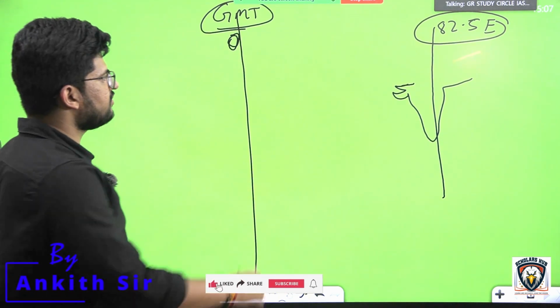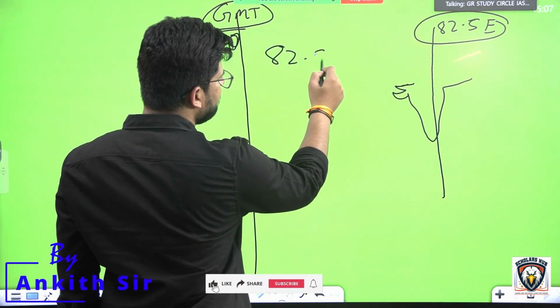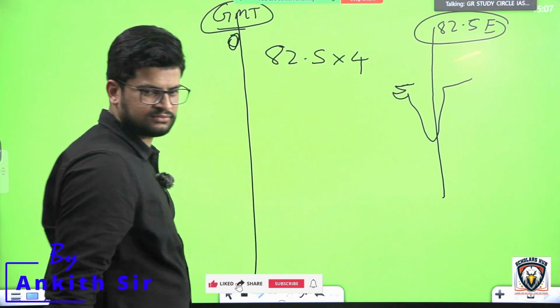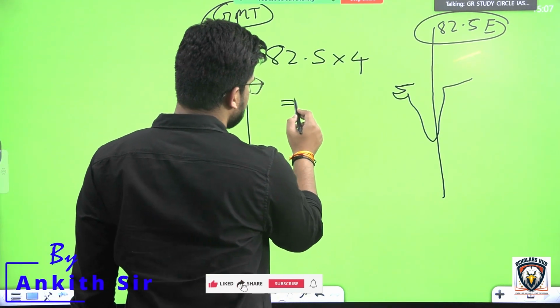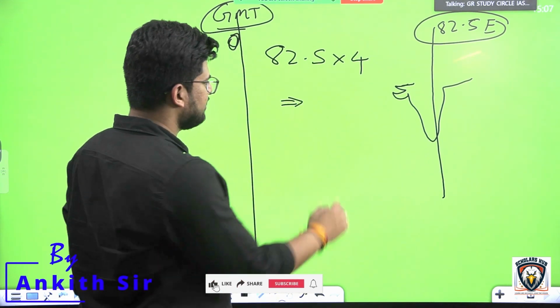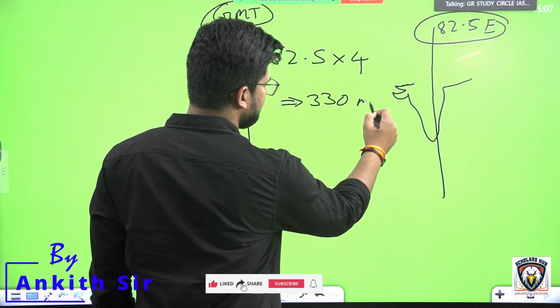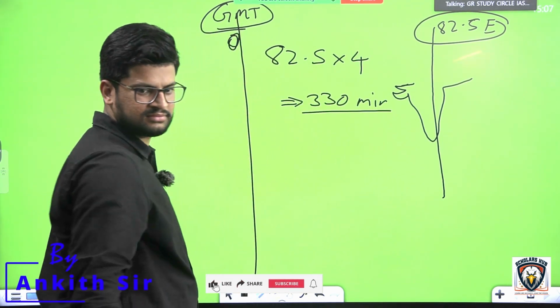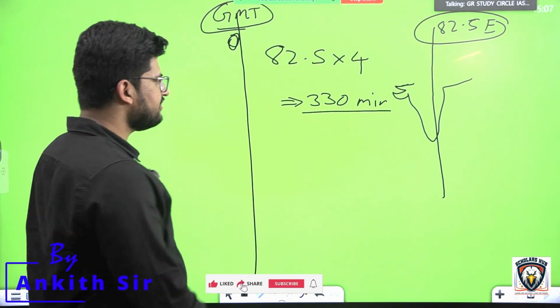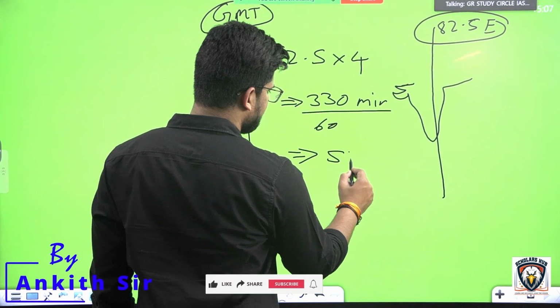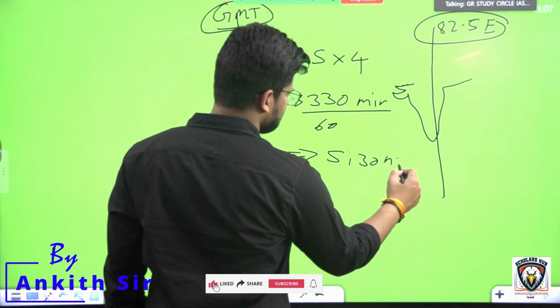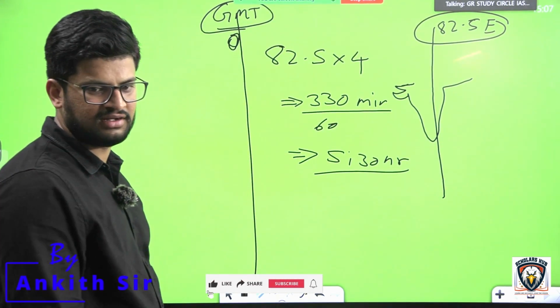So if you multiply 82.5 into 4, the answer you get is 330 minutes. So 330 divided by 60, what will you get? 5 and a half hours, 5.5 hours.